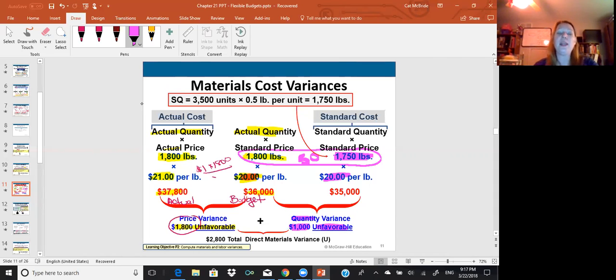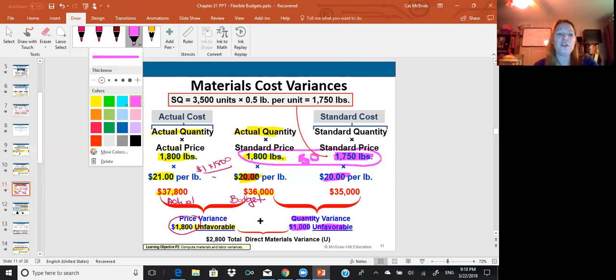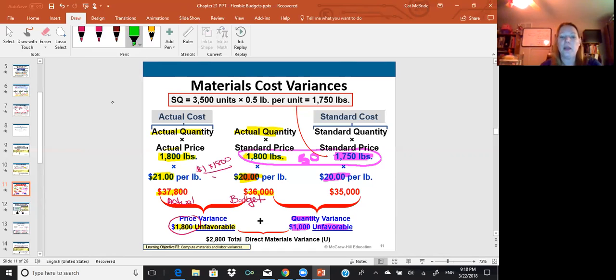Now, if we looked at the financial statements, this is what we would see. We would see on the financial statements that there's a $2,800 unfavorable variance. So we'd say, okay, we spent too much on materials. We spent $2,800 too much on materials.